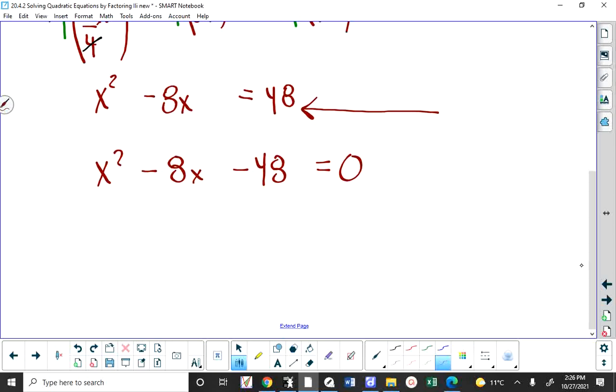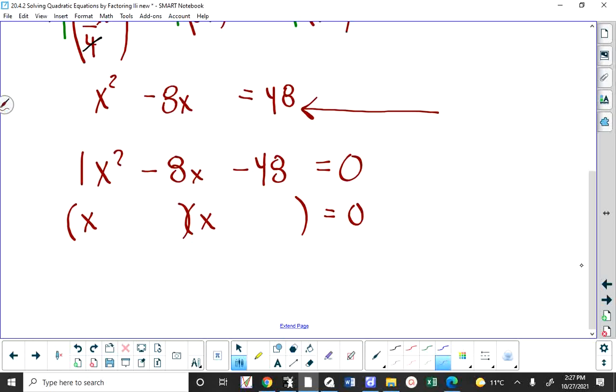Since the coefficient of x squared is 1, there's no trial and error involved in factoring it. You know it's x and x, and the two numbers are whatever two numbers multiply to give negative 48 and add to give negative 8.